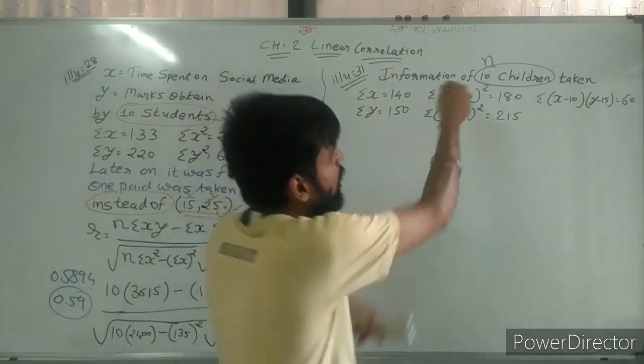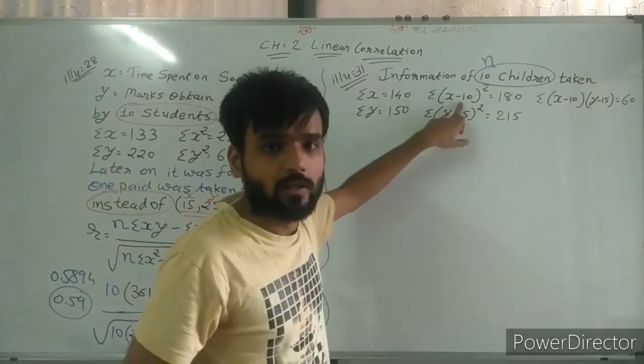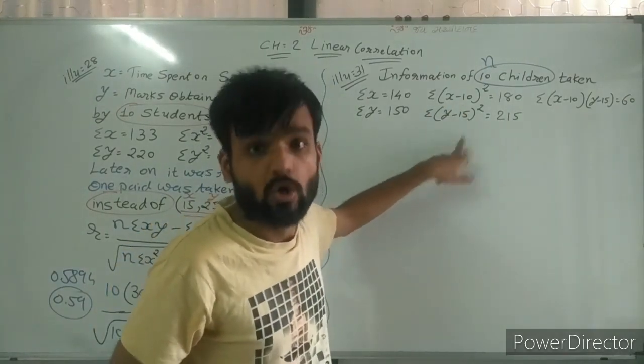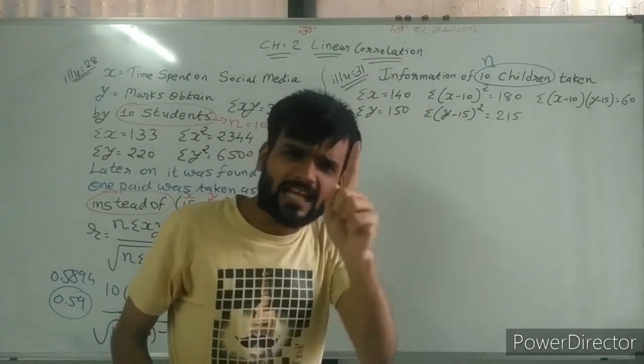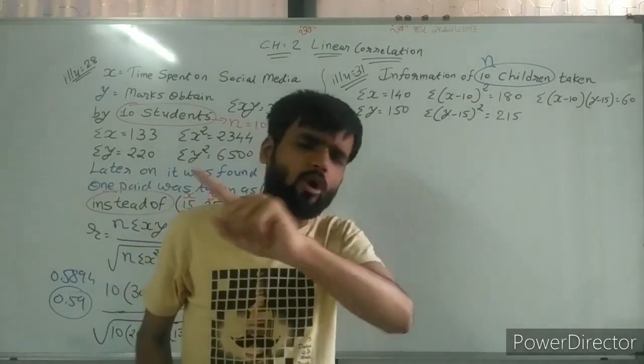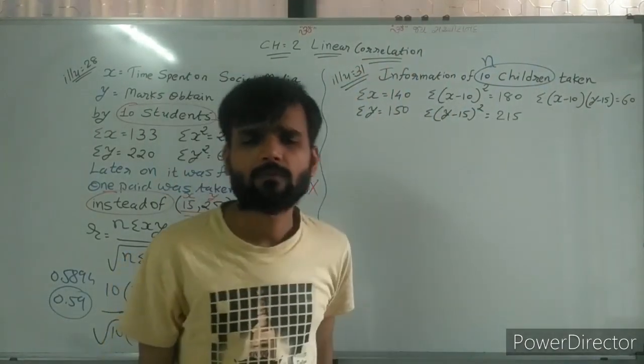If any one of these two is x bar, suppose x bar is given but y bar is not there, or y bar is given and x bar is not there, if any one is not given, then we cannot use the sigma x minus x bar, y minus y bar formula.